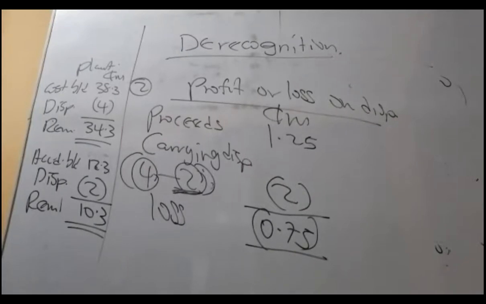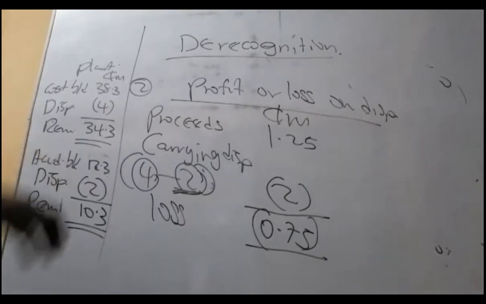Please, I'll be sending more questions on this so that you try them. Then we are done. Now, the last aspect is if there's a revaluation on the disposal, or any of the assets that they've disposed of, there was a revaluation gain coming from that asset.